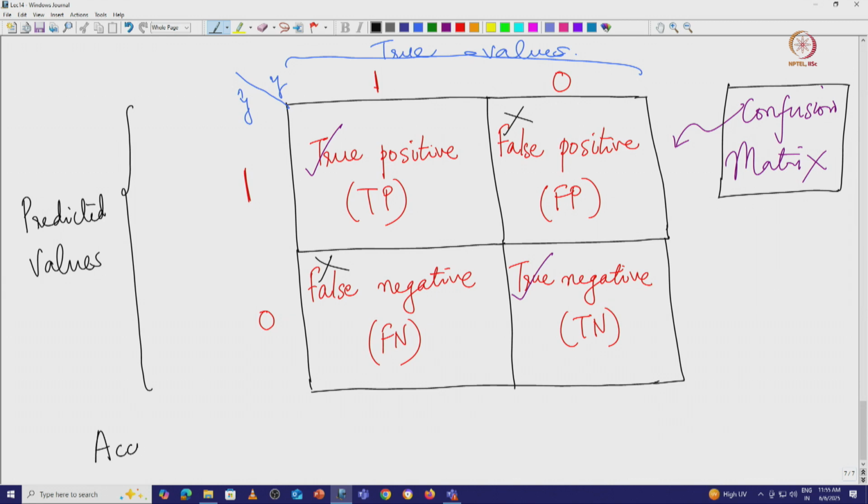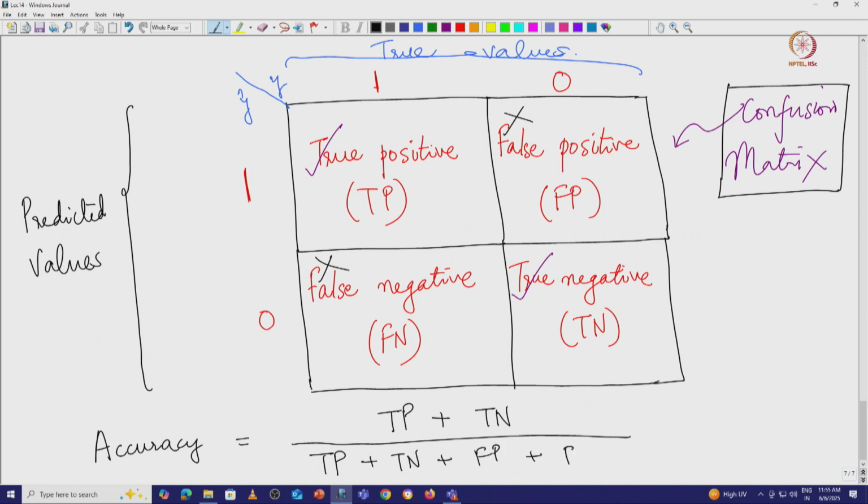You can define the accuracy of the model as the number of times the model worked correctly. It worked correctly when you had a true positive, and also when you had a true negative, divided by the total number of predictions that you have made, which includes the true positive, the true negative, the false positive as well as the false negative.